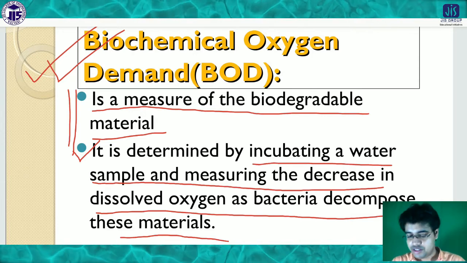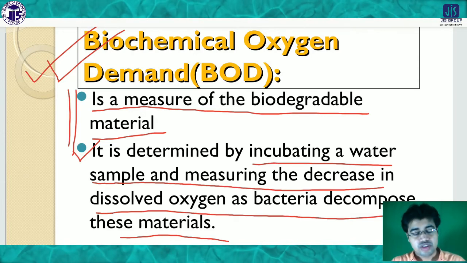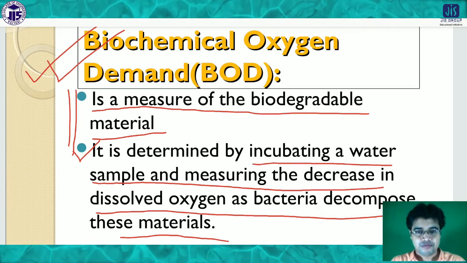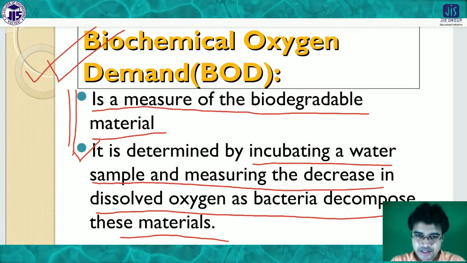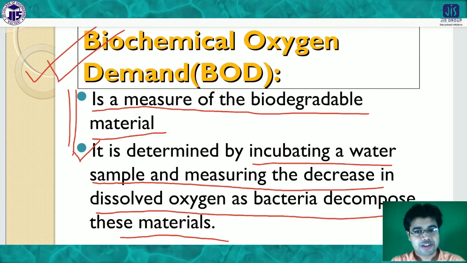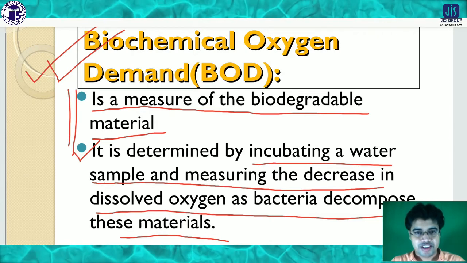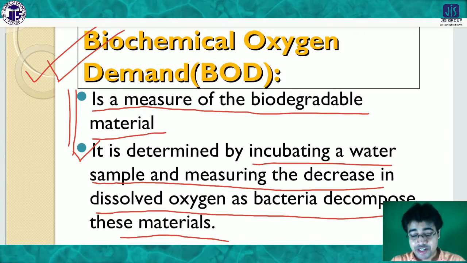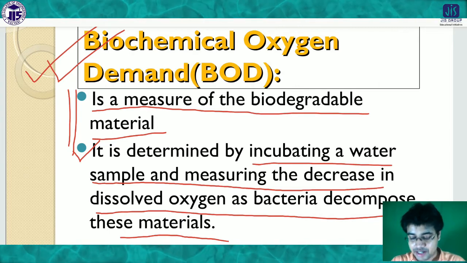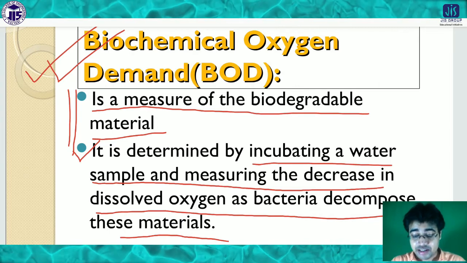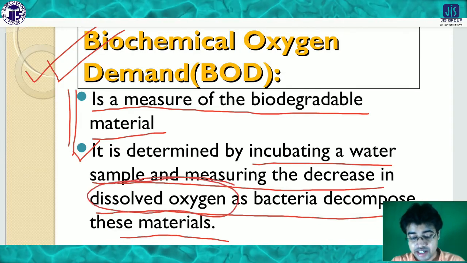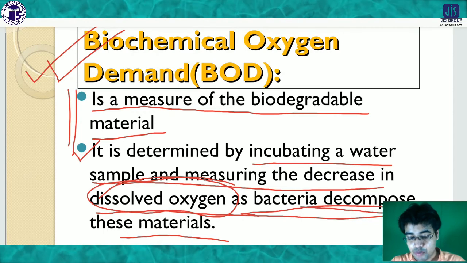I told you that I will show you in another class how we can determine the BOD. But first you have to understand what BOD, or biological oxygen demand, is.